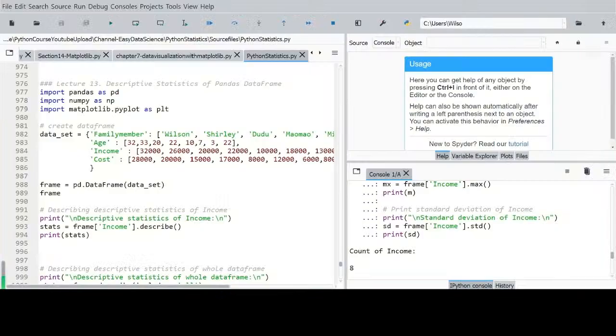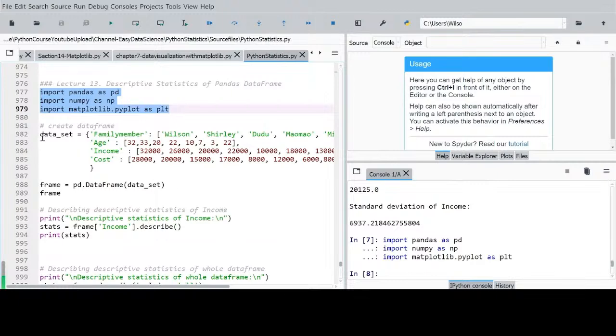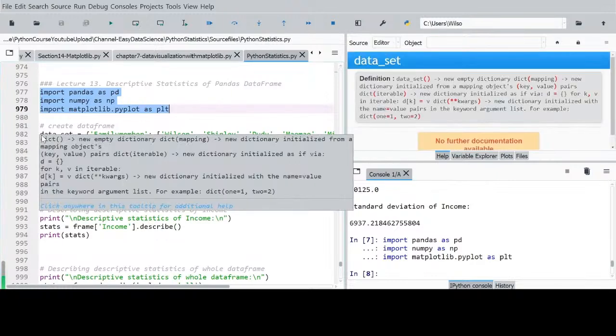So next we will show several examples in Python Spyder. First we import modules for pandas, NumPy, and matplotlib. Then we create a data frame.